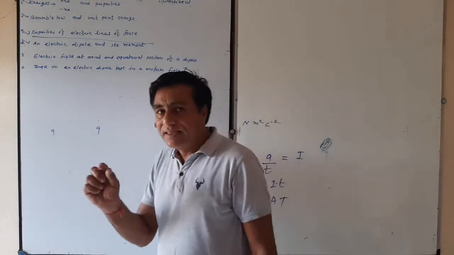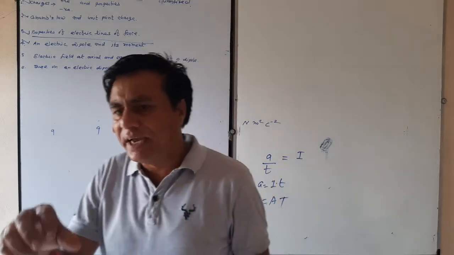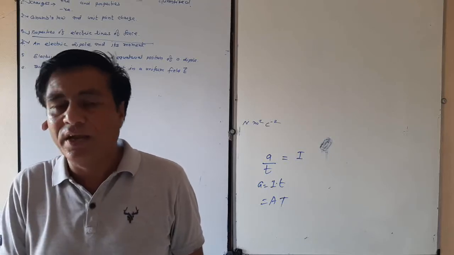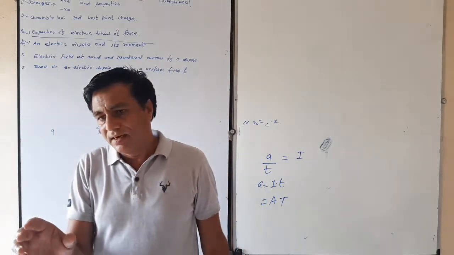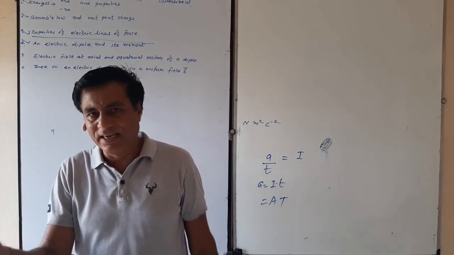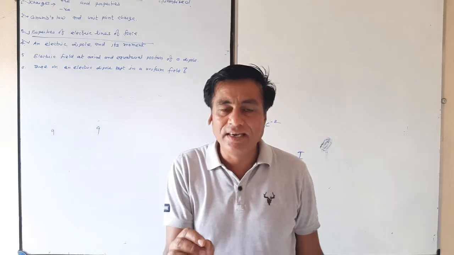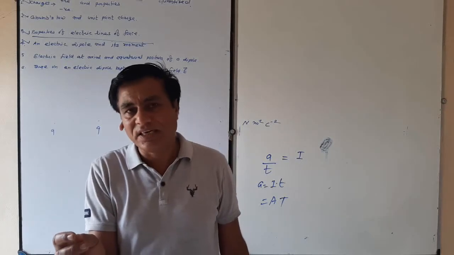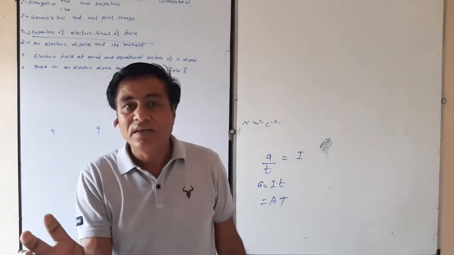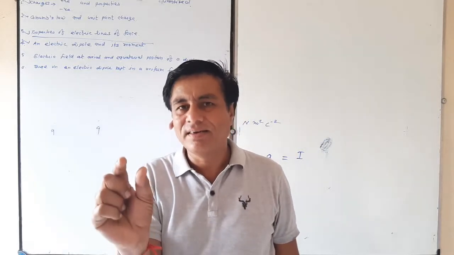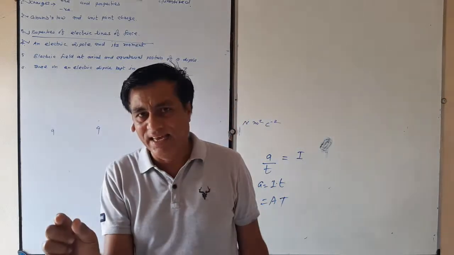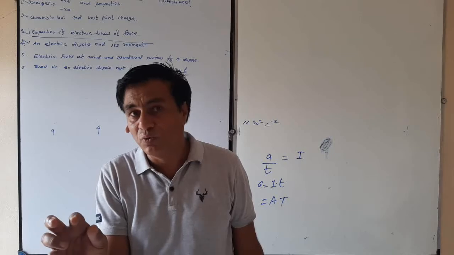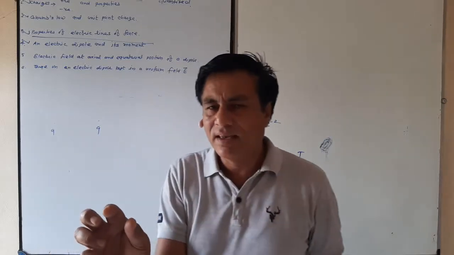When these molecules are kept in a uniform electric field, due to the influence of the field one end gets a little negative and the other end a little positive, equal amounts of charge. So two equal amounts of charge are generated. The diameter of a molecule is very small, so the distance between those two point charges is very small.